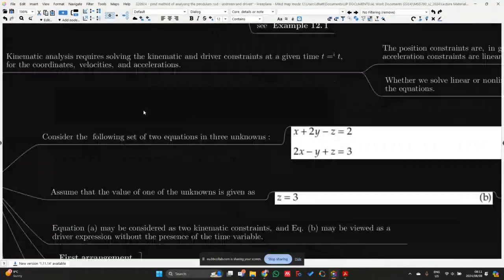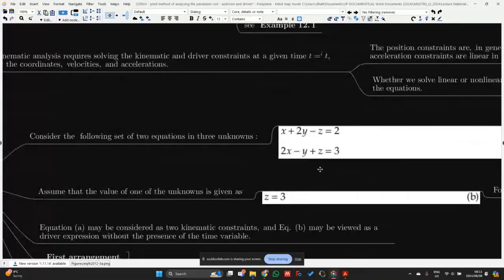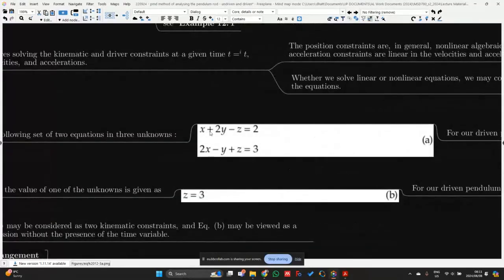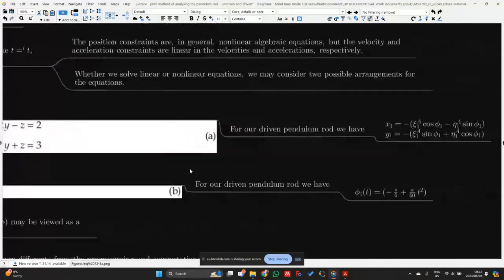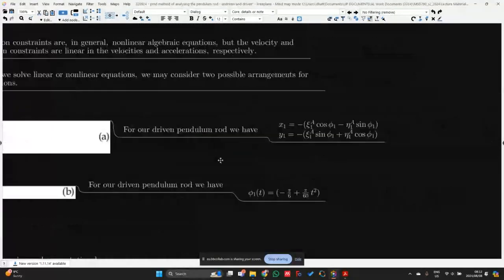And in our first arrangement over here, we can consider a set of two equations, but we have three unknowns. So these are equations A over here, so x plus 2y minus z equal to 2. And then we also have 2x minus y plus z equal to 3. So for our driven pendulum rod, we had that x1 is equal to this expression over here.